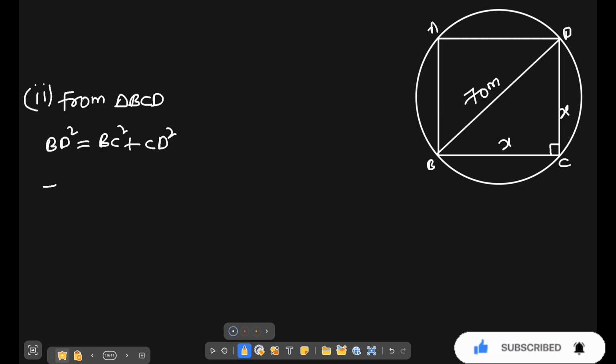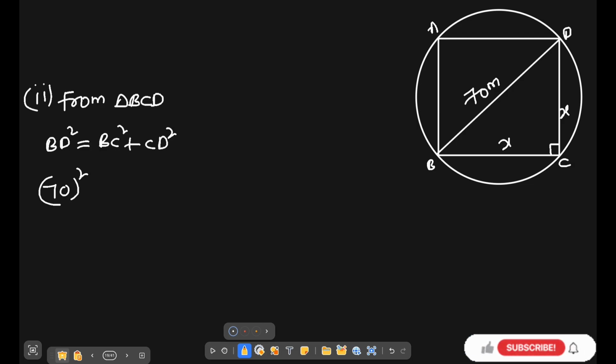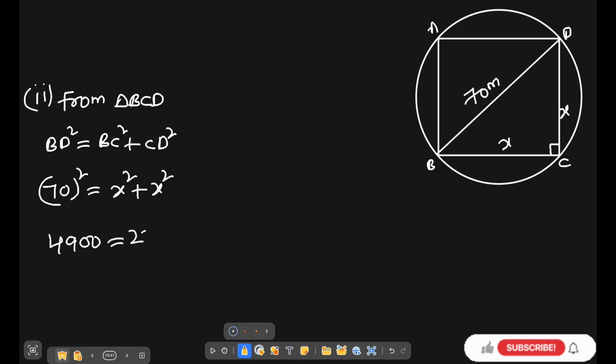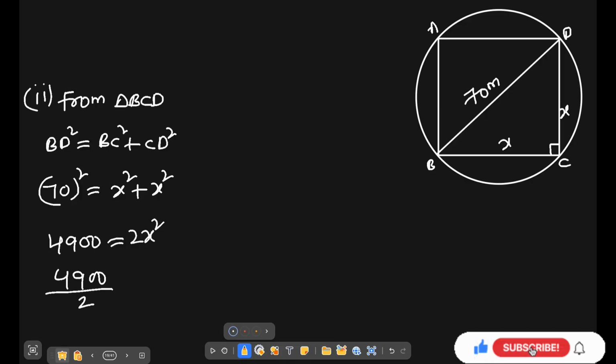BD is already 70, right? So 70 square is equal to x square plus x square. So 70 square is 4900, and x square plus x square is 2x square. So bring the 2 to the left side, it becomes 4900 by 2 equals x square.